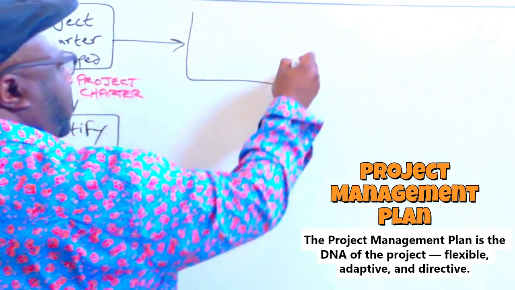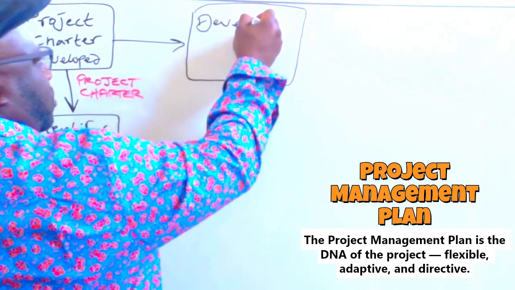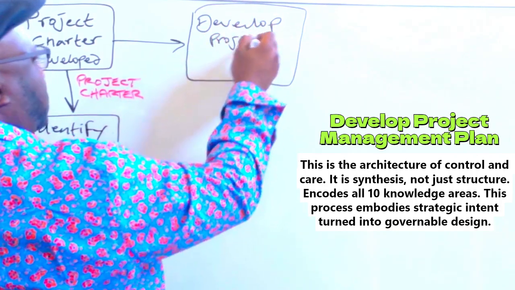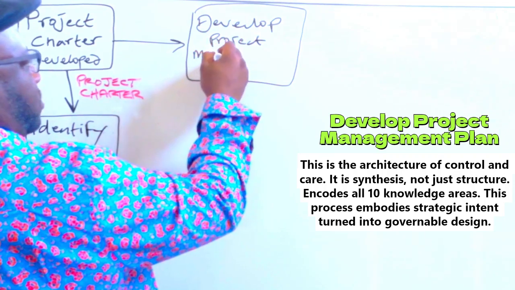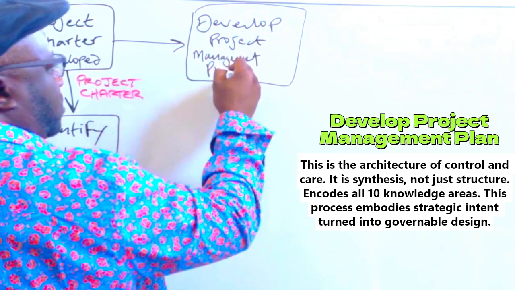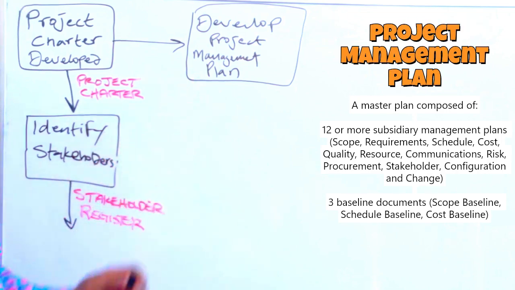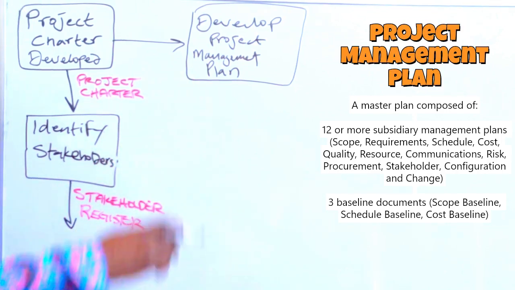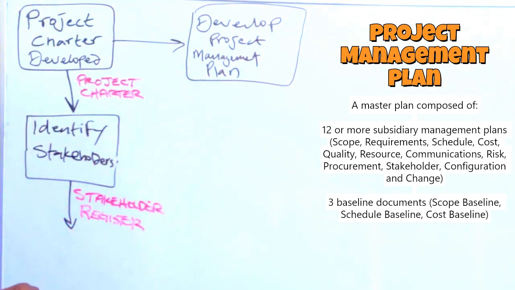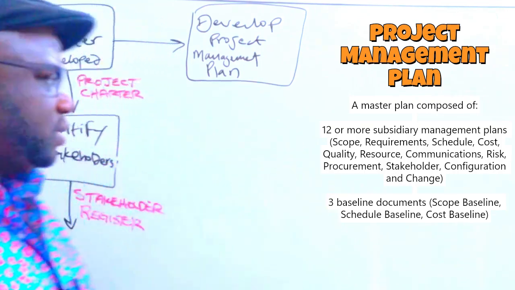So we have a process here that is called develop project management plan. That just means we are creating a plan that the team is now able to run off. The team is now able to take this project management plan that we're creating here, and they're able to say, these are our marching orders. This is what needs to be done. Let's go ahead and do it.